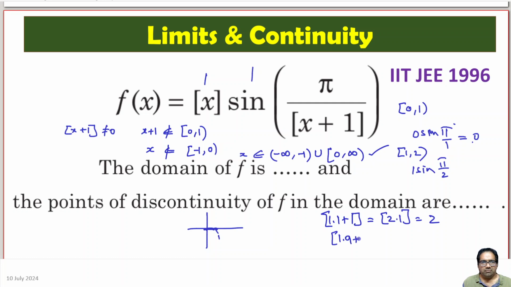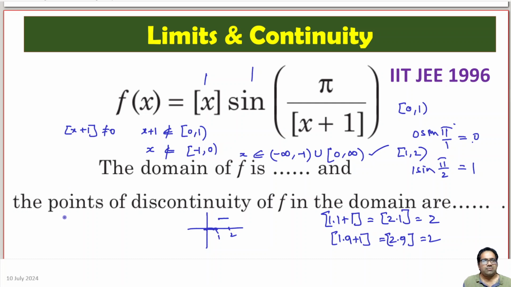Similarly, 1.9 plus 1 is 2.9, greatest integer function of 2.9 is still equal to 2. So as long as x is lying between 1 and 2, this part will become 2. So 1 sine pi by 2. Sine pi by 2 is 1. So between 1 and 2, this is this line.